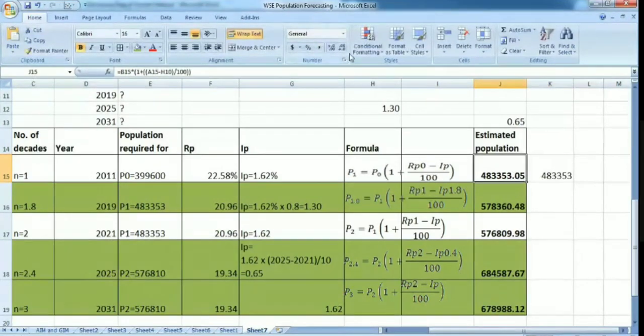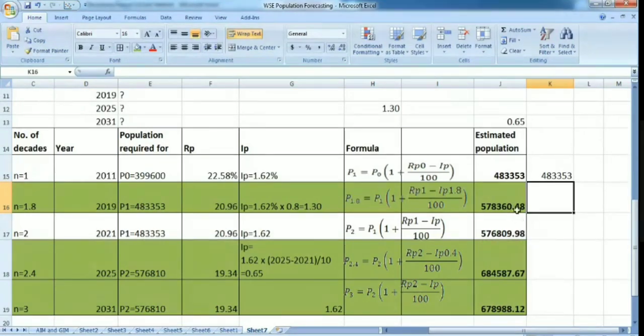Either you can consider 353 or 354, but when we design for some practical purpose, it's better to consider one number more. That's what I can tell.